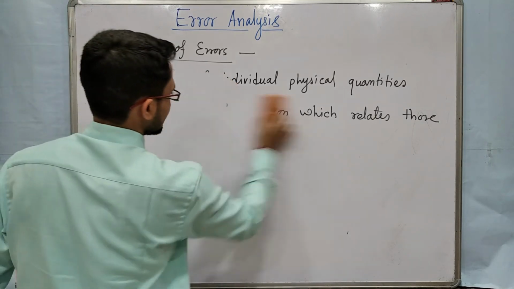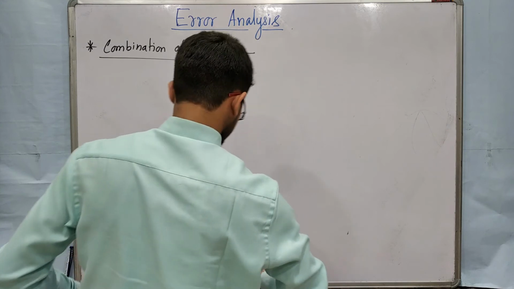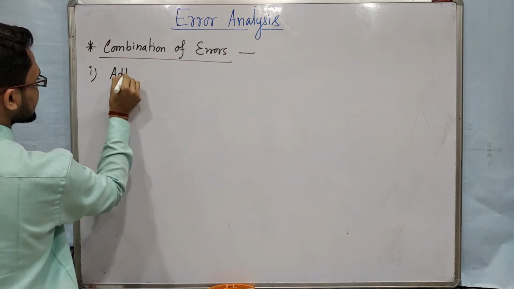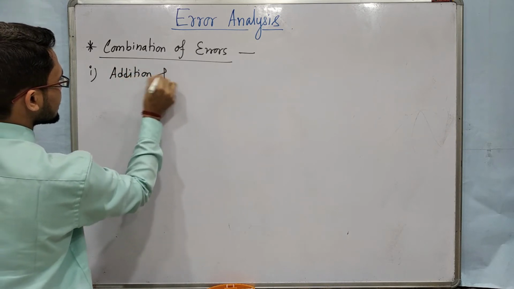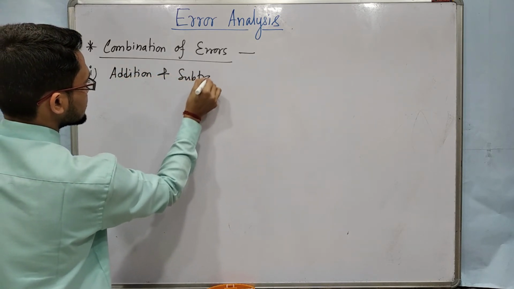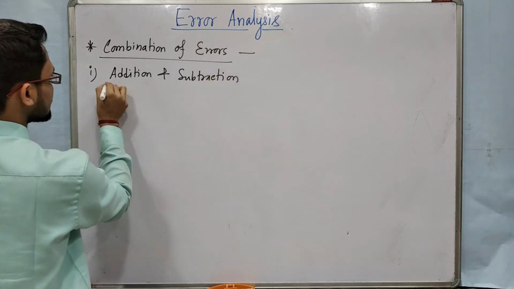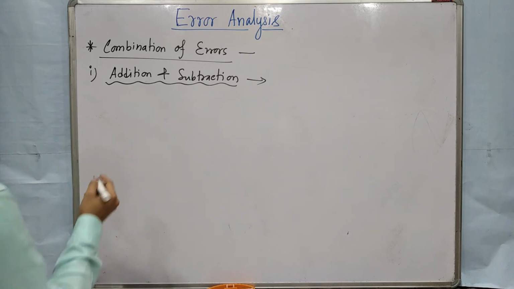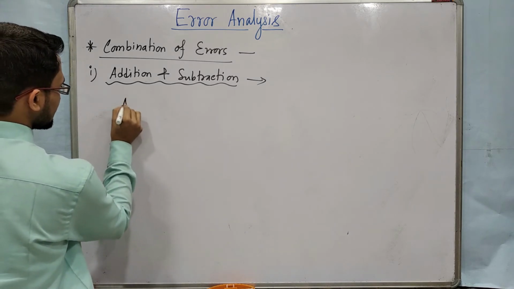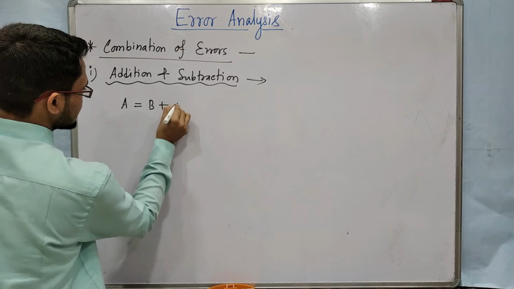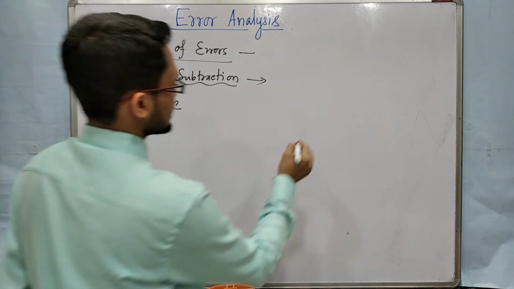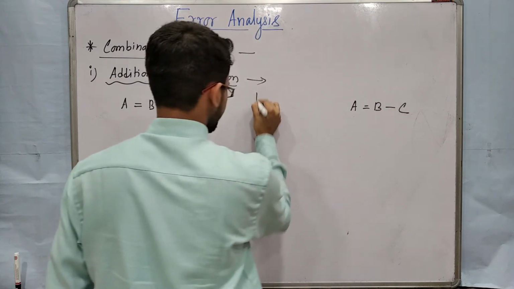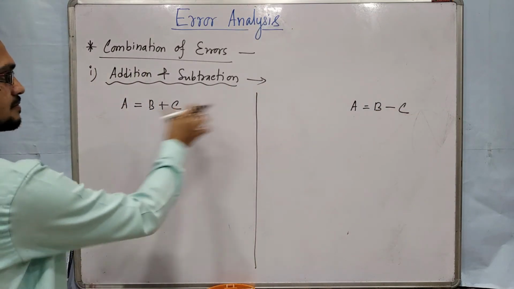So first one is addition and subtraction. So suppose I am taking a simple equation, A equal to B plus C. And there I am taking A equal to B minus C. This is addition, this is subtraction.